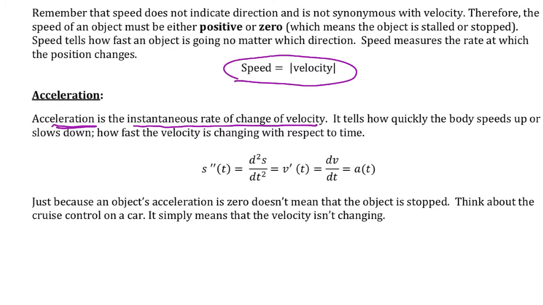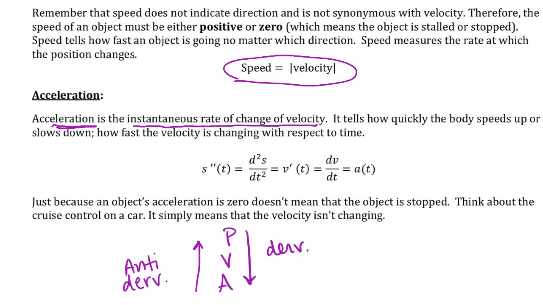The first function was our position function, and then we have our velocity function, and then we have our acceleration function. As we move down this chain, we are actually finding the derivative of each one. As we move up, we will be finding what's known as the antiderivative, and that's what's coming up pretty soon.